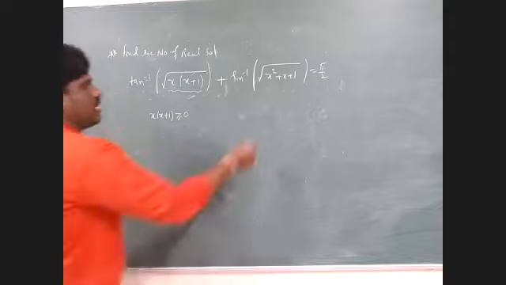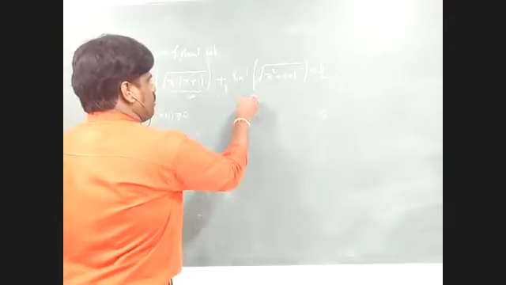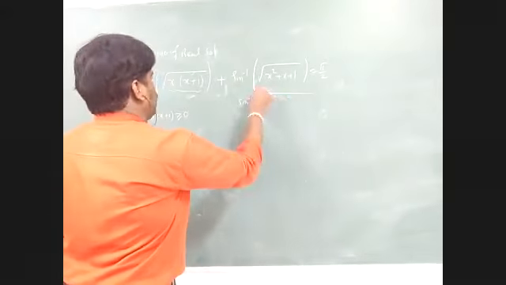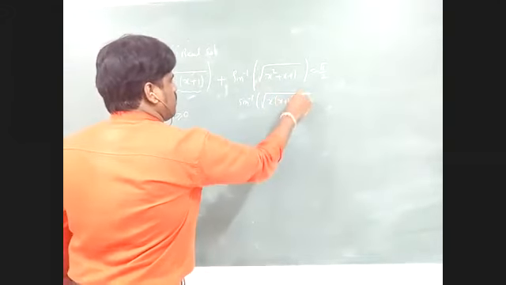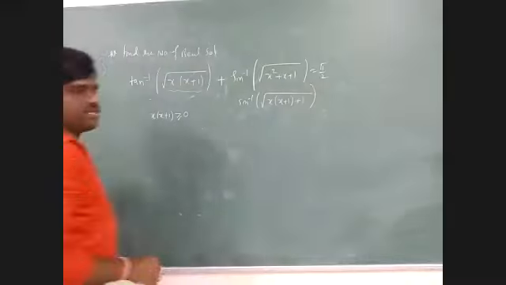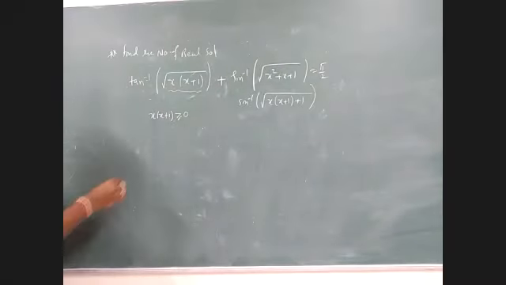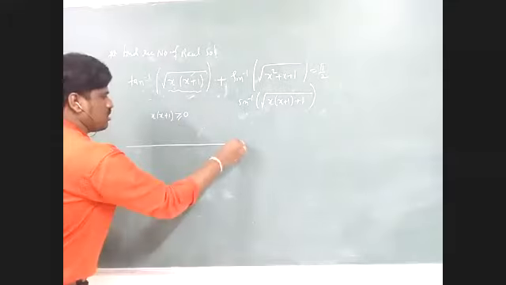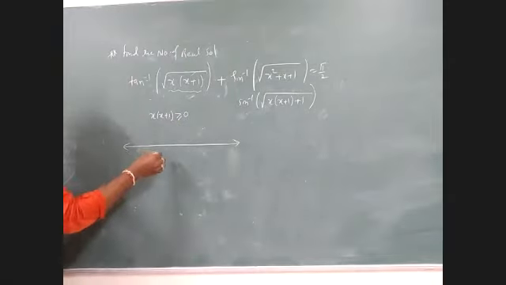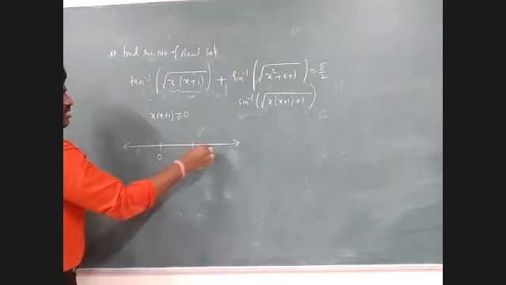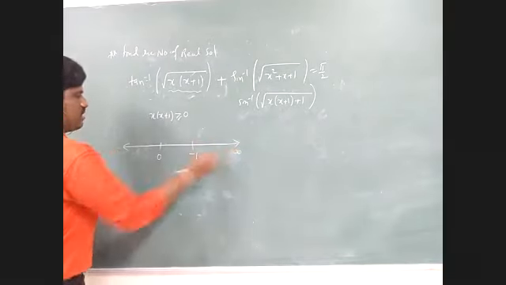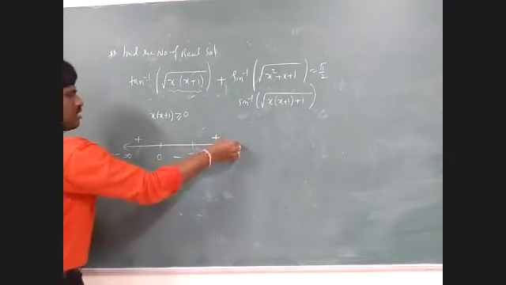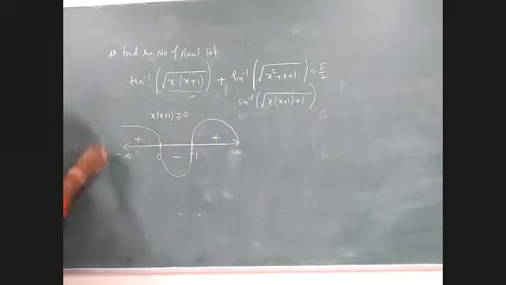And here, I'll break this one. Sine inverse of, can I write this as x into x plus 1 plus 1? Now see this, if x into x plus 1 is greater than or equal to 0, the solution by the wavy curve method: this is 0, this is minus 1, then you have infinity here, minus infinity, plus, minus, plus, up, down, up.